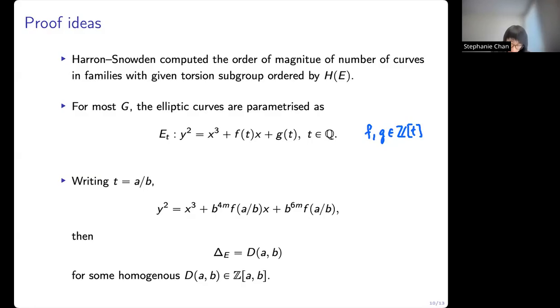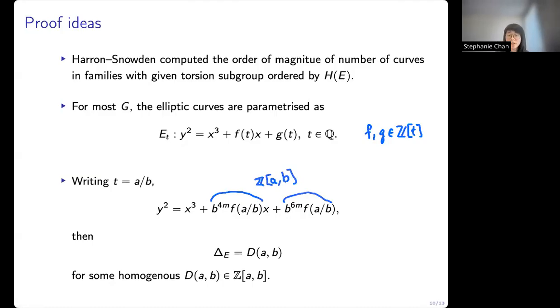We can multiply this term by b to the 4m and this last term by b to the 6m. That will not change the Q-isomorphism class. And m is an integer picked in a way such that these two polynomials are both polynomials in two variables.